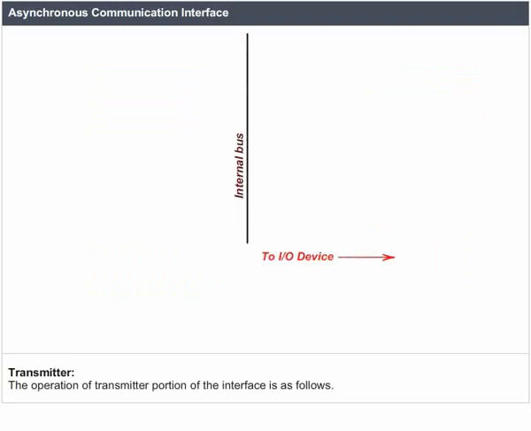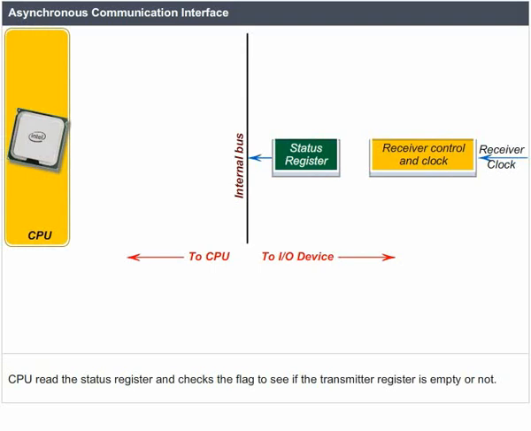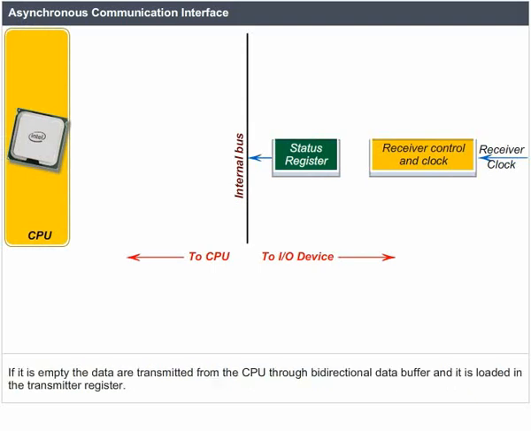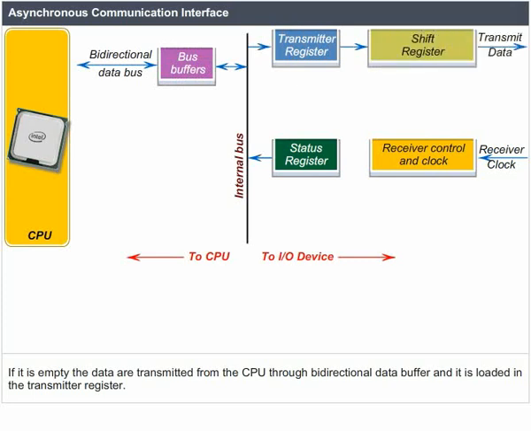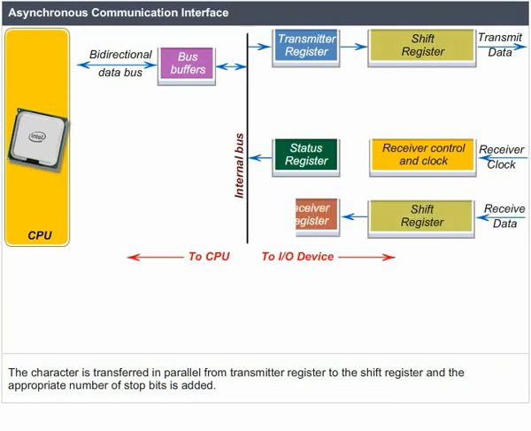Asynchronous Communication Interface: Transmitter. The operation of the transmitter portion of the interface is as follows. The CPU reads the status register and checks the flag to see if the transmitter register is empty or not. If it is empty, the data are transmitted from the CPU through the bidirectional data buffer and loaded in the transmitter register. The character is transferred in parallel from the transmitter register to the shift register and the appropriate number of stop bits is added.